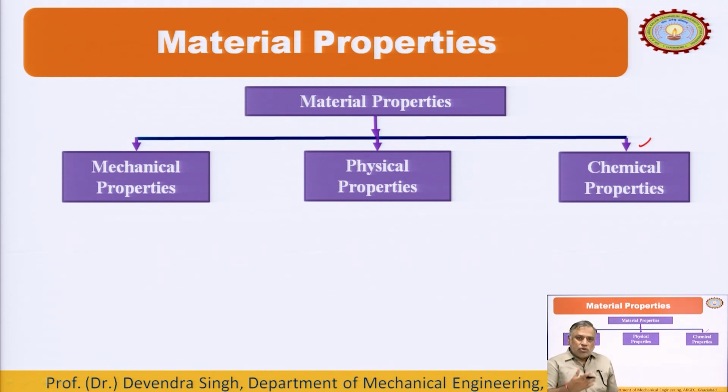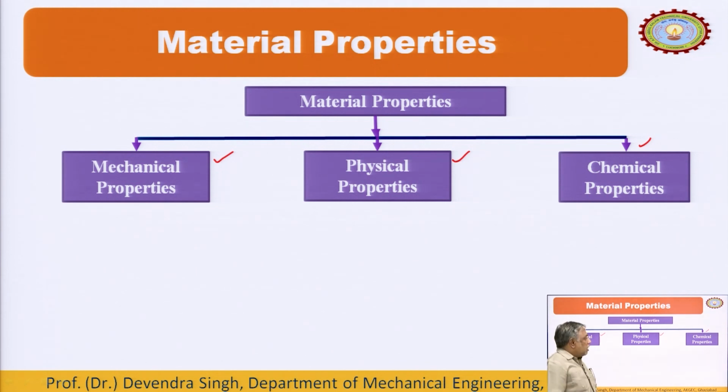All these kinds of properties come into the chemical properties. Physical properties signify the physical state of the material, and the mechanical properties are of our interest. We will discuss a few important mechanical, physical and chemical properties in this lecture.